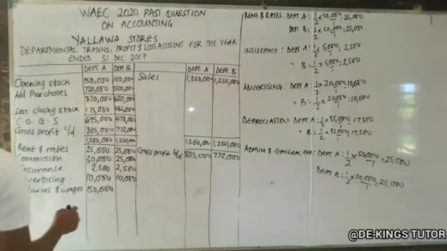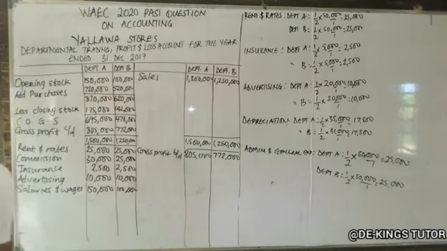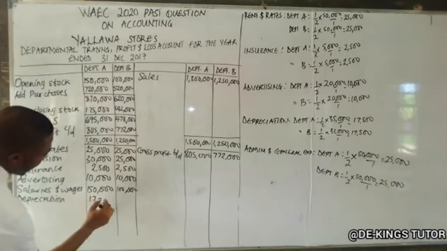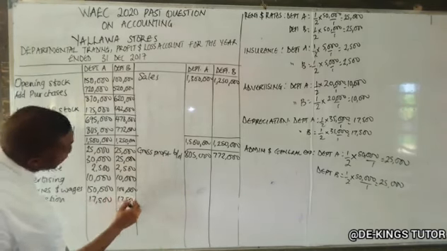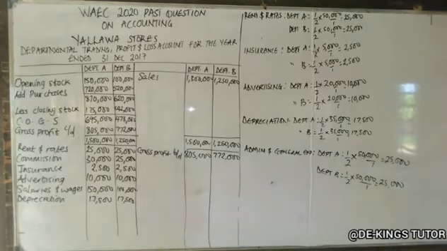Depreciation is 17,500 and 17,500. Got it there. Right. The next one, admin and general expenses: 25,000. So I have 25,000 and 25,000.